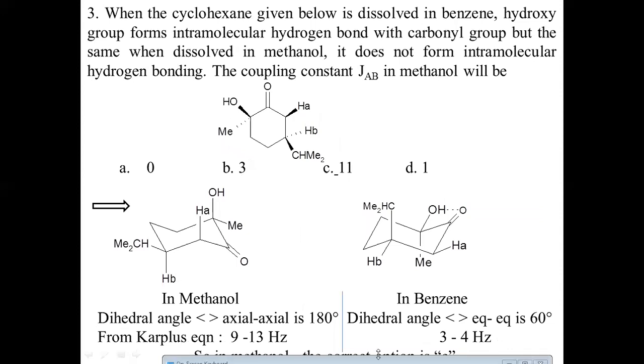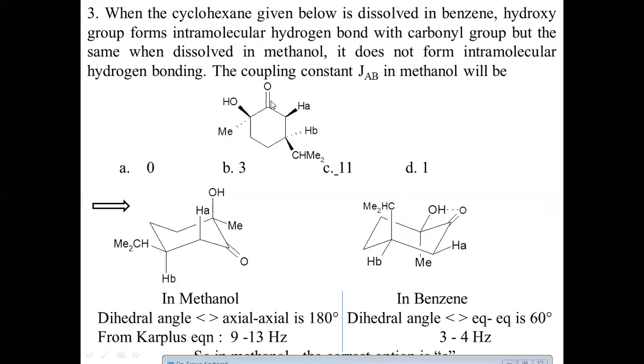Now here, when the cyclohexane given below is dissolved in benzene, the hydroxy group forms an intramolecular hydrogen bond with the carbonyl. But the same when dissolved in methanol does not form an intramolecular hydrogen bond. The coupling constant JAB in methanol will be.